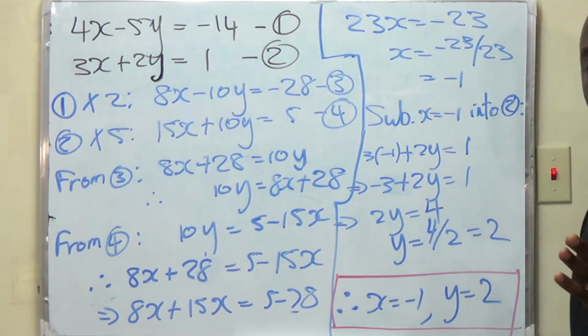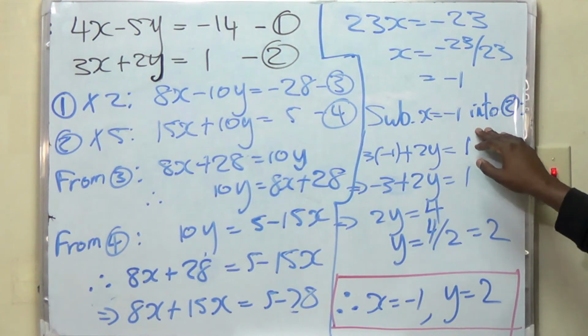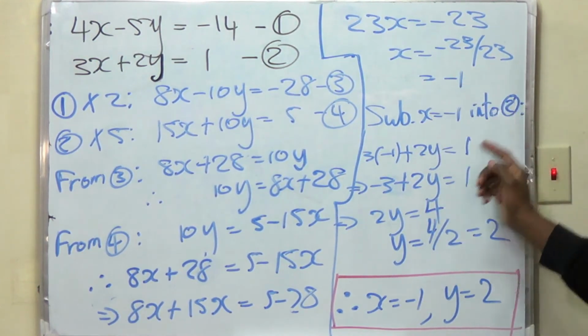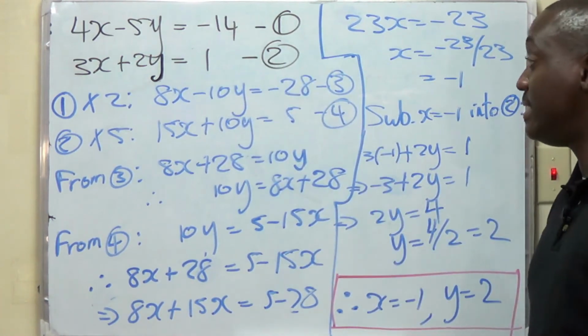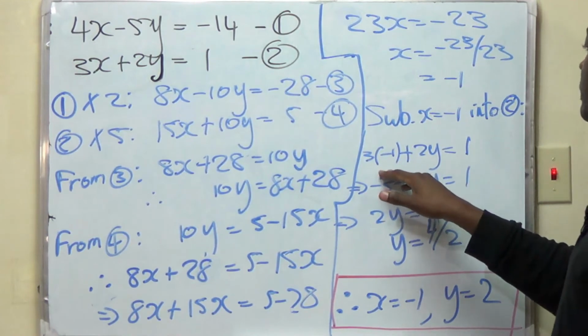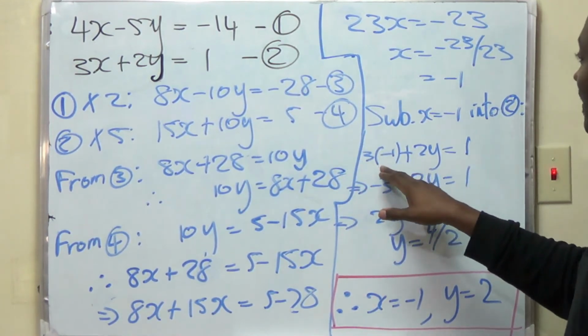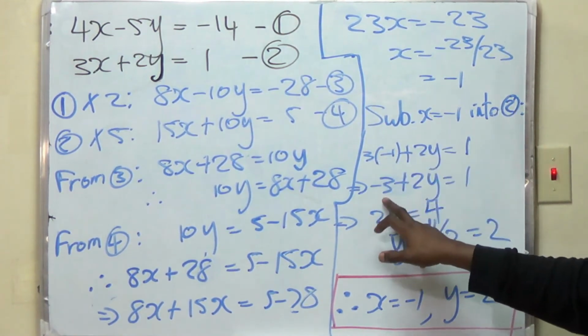Having gotten the value of x is equal to minus 1, then you substitute that now into the simplest of the available equations, which in this case is equation 2. So 3 into minus 1 plus 2y is equal to 1. 3 by minus 1 is minus 3.